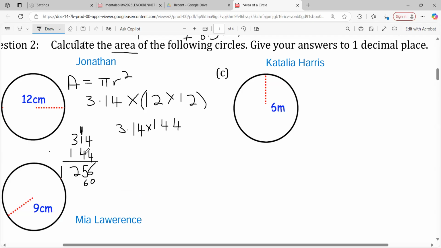Hold on, let me stop out there. 4 4s is 16, 6 carry the 1. What's next? 4 4s is 16, carry the 1. Then I said 4 ones is 4. Not that 1, no. Then I said 4 1s is 4.